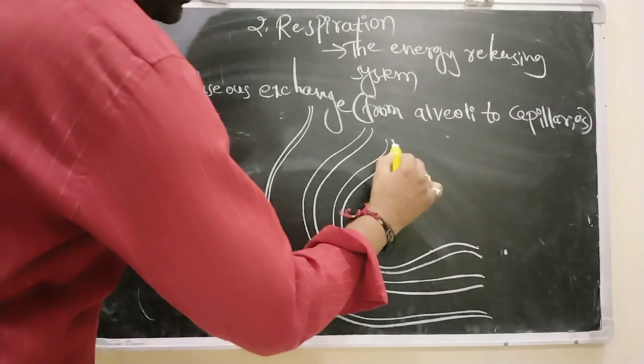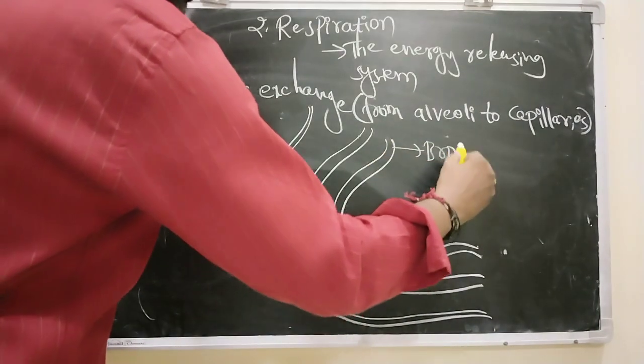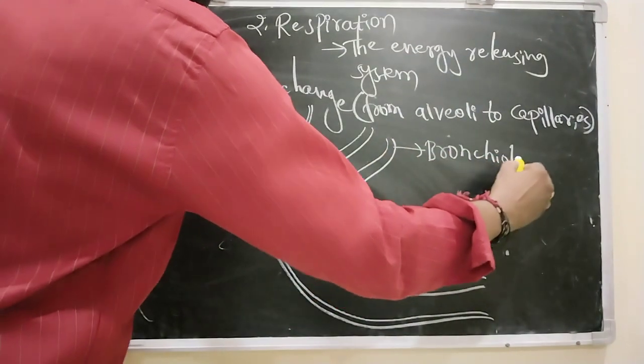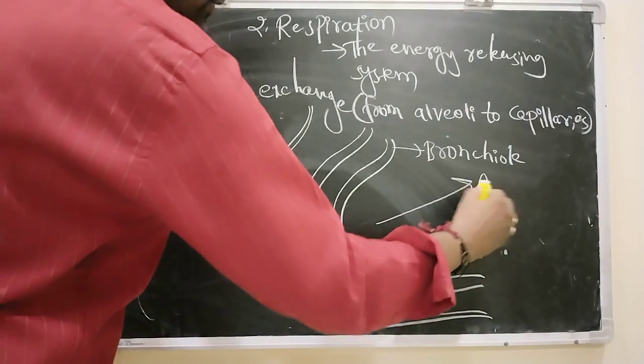So this is the bronchiole. This is the alveolus.